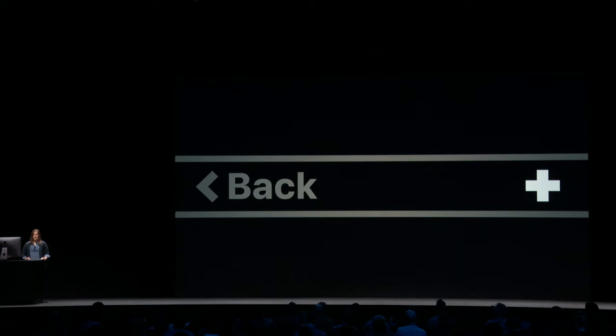This is pretty common in iOS apps. What should the label of this button be here? Add? Well, that might be just dandy. If I'm in a Notes app and I hear the word add, I'm going to know that that's going to add a new note. But remember, these labels are supposed to be succinct.